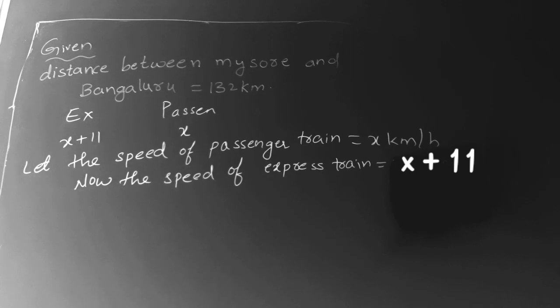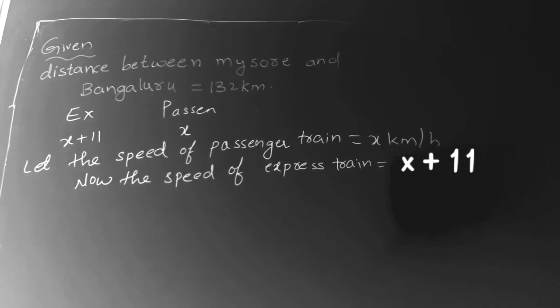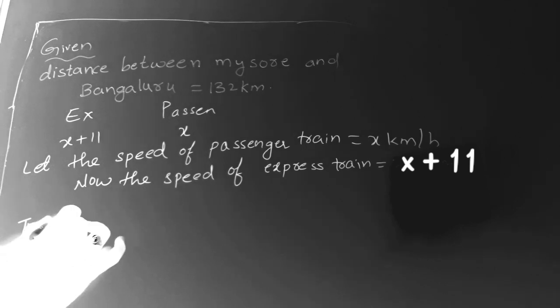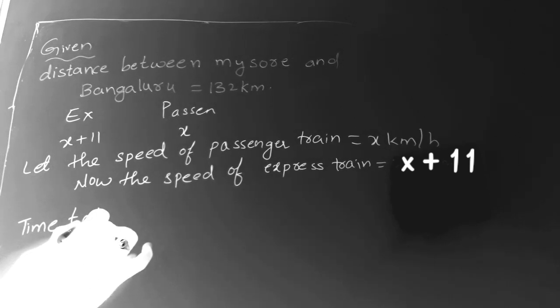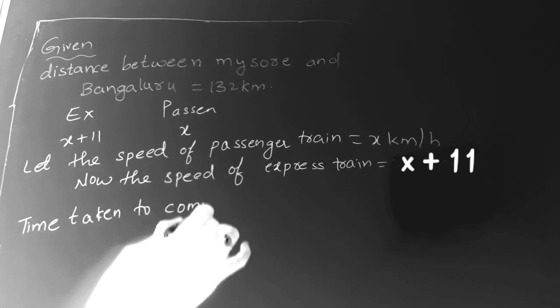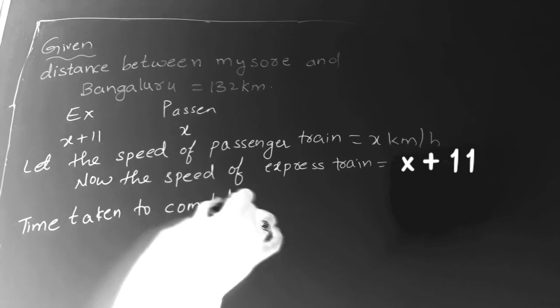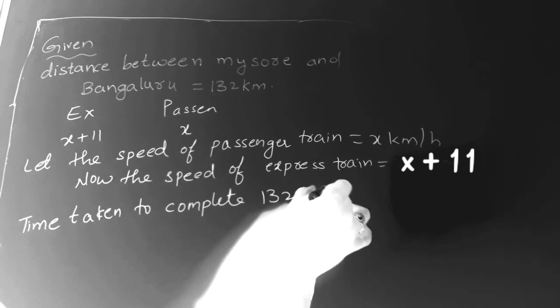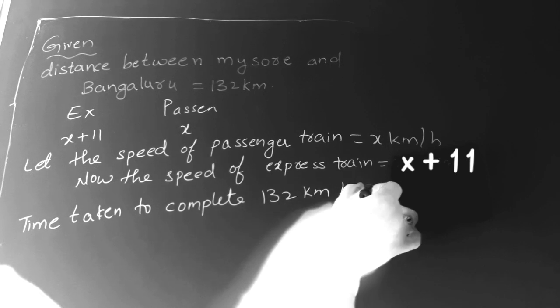Okay, now first we will calculate the time taken to travel a distance of 132 kilometers. Time taken to complete 132 kilometers by the passenger train.